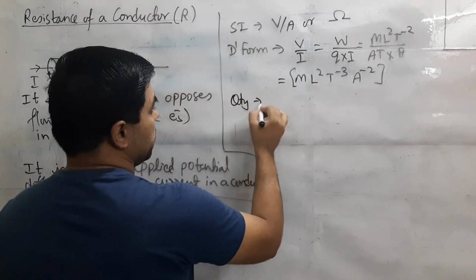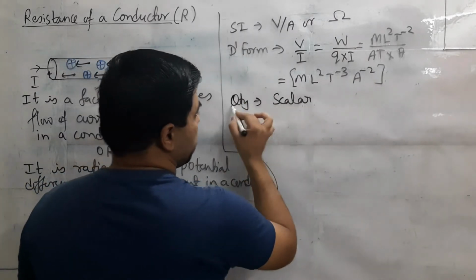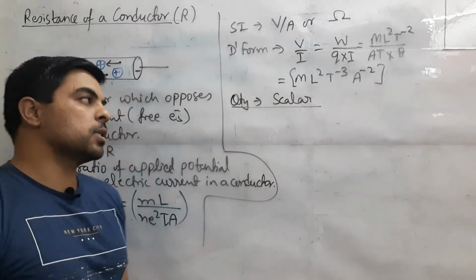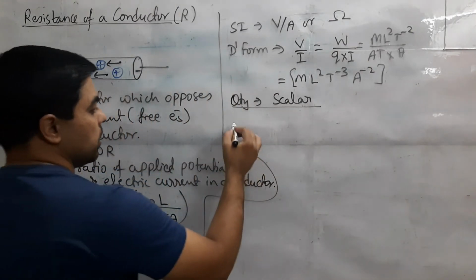Type of quantity, if we are dealing with, it is a purely scalar quantity, no need to give any type of direction in this, so it is just the obstruction.